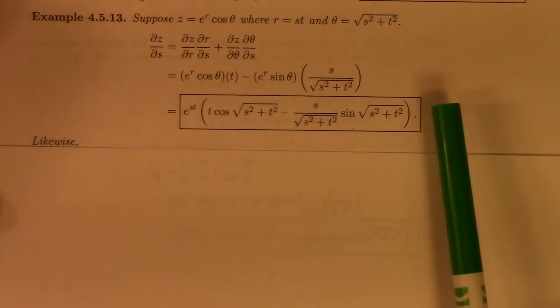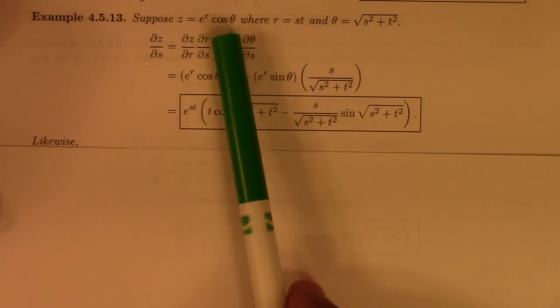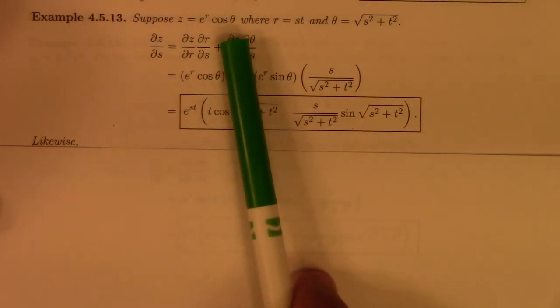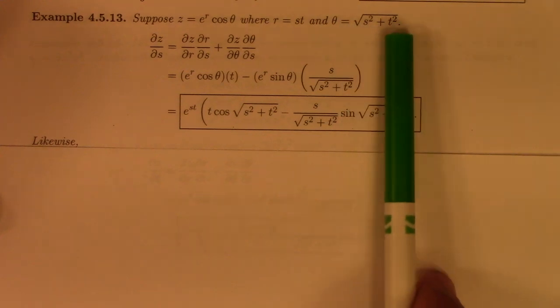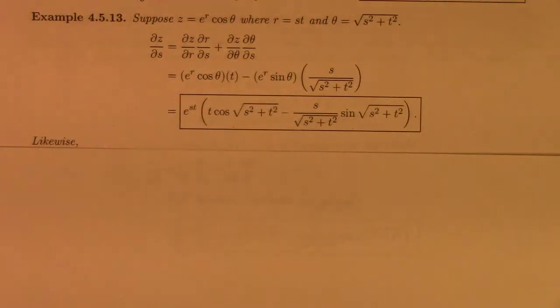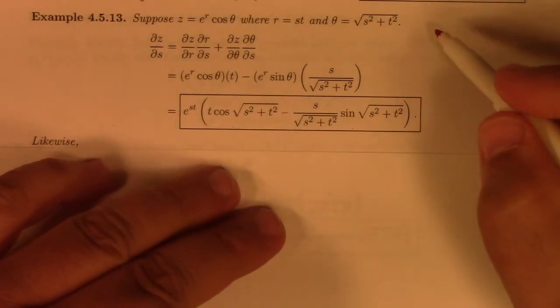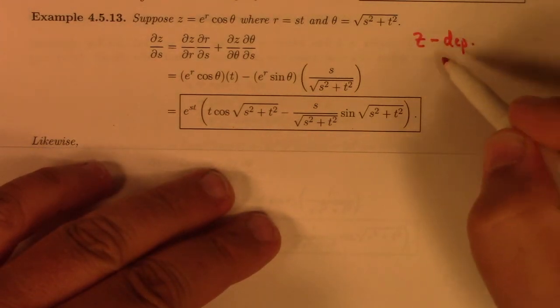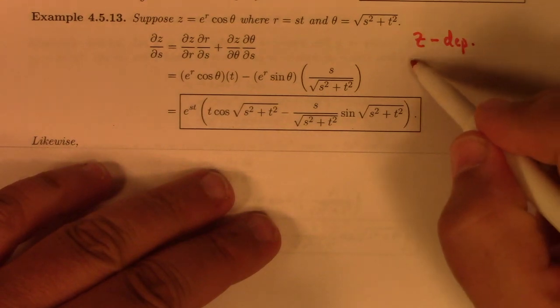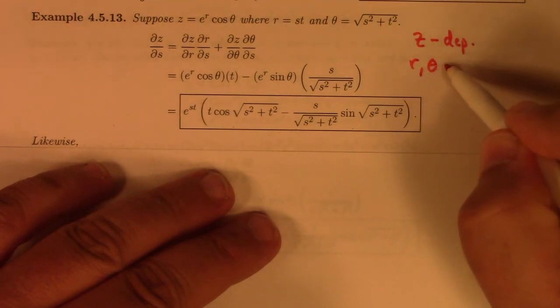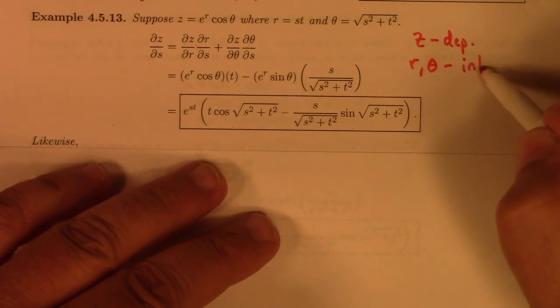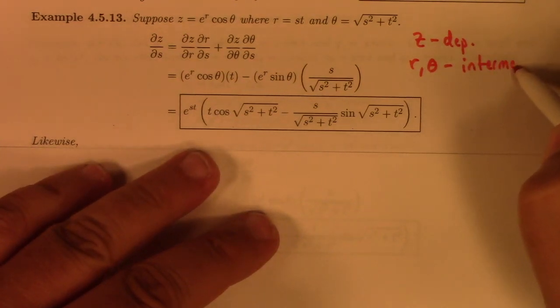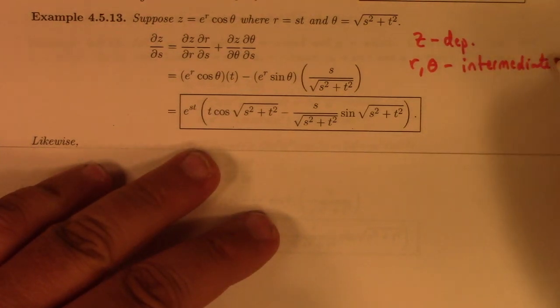Anyway, here's another one. This time, z is equal to e to the r cosine theta, and r is st, and theta is st. So this one, let's see. Let's say what's going on here. Z is dependent, and this time we're using r and theta as the intermediate variables, right?